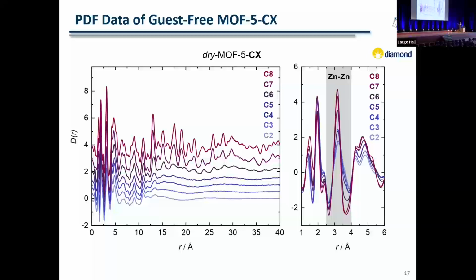When you look into the zinc-zinc distances again, you see that the zinc-zinc distance peak gets broader and broader the shorter the side chain is. That means the distortion of the cluster gets more intense the further the contraction of the material is, and again, the shorter the side chain is.